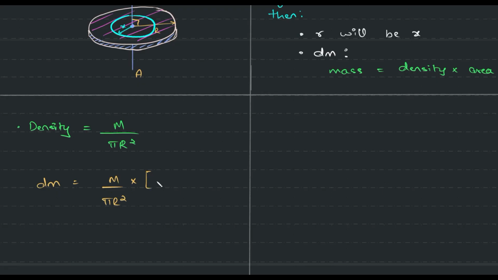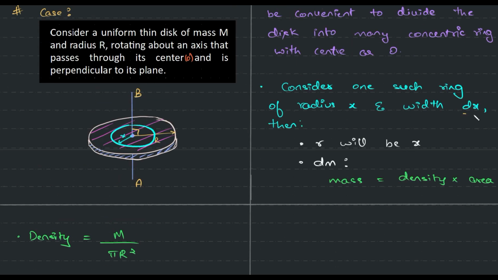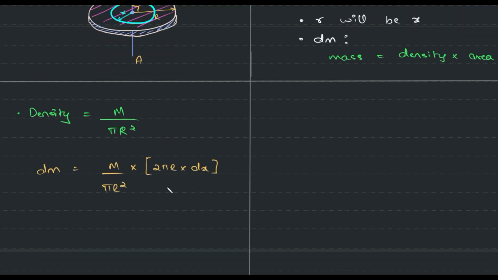Well, the thin ring's length will be 2 pi r and width is dx. We have considered the width to be dx, and the length is the circumference. So we have 2 pi, not r, sorry, 2 pi x. The radius is x over here.